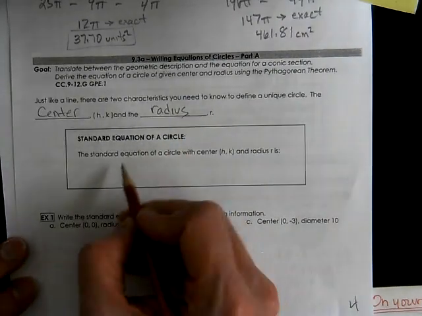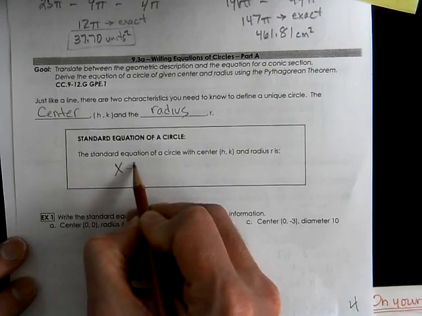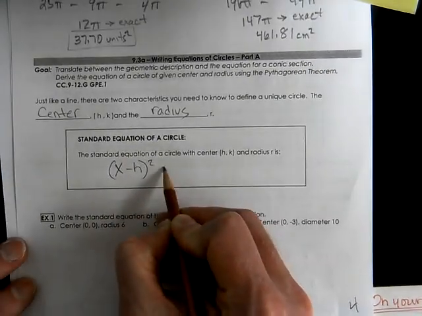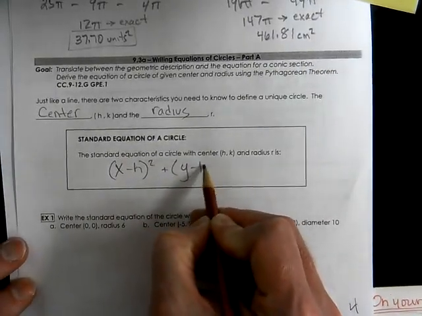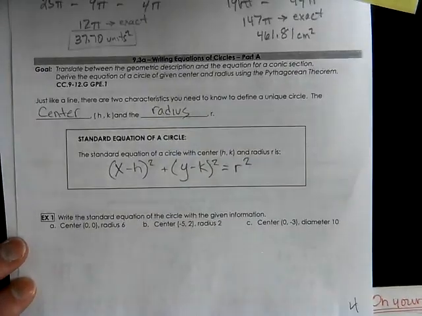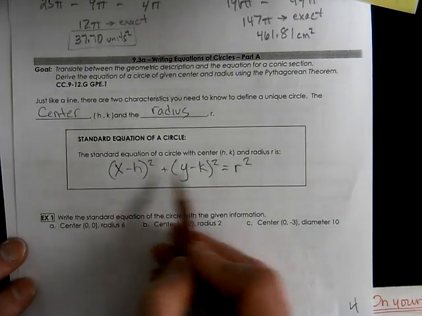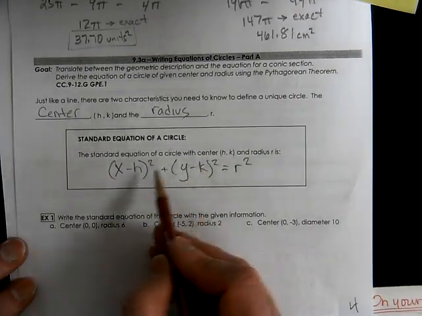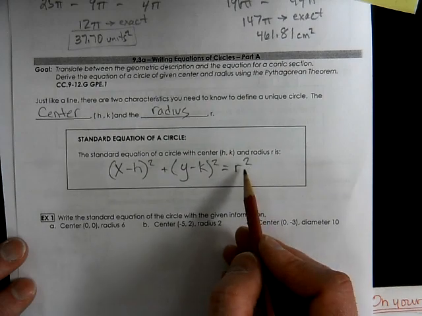So to write an equation of a circle, we have x minus h squared plus y minus k squared equals r squared. That's our standard equation of a circle. H and k are the center, and r is the radius.